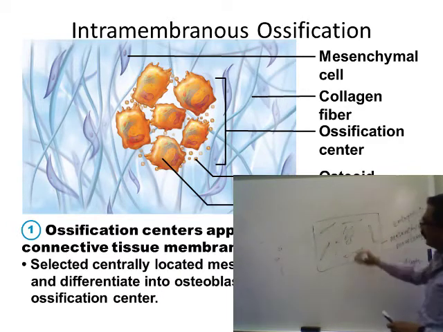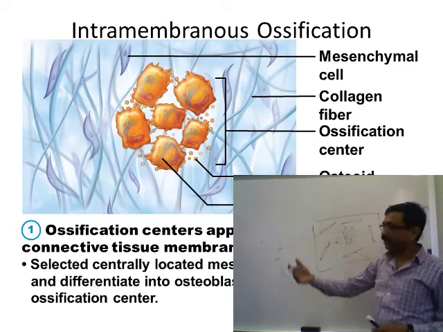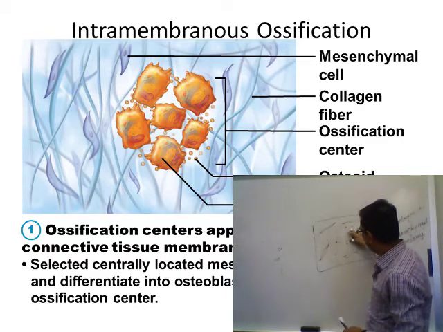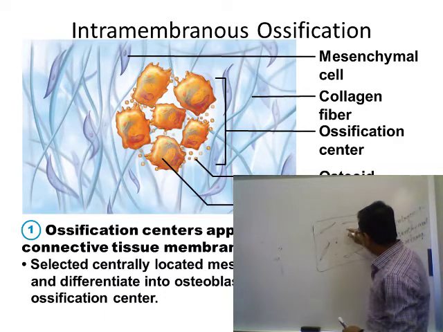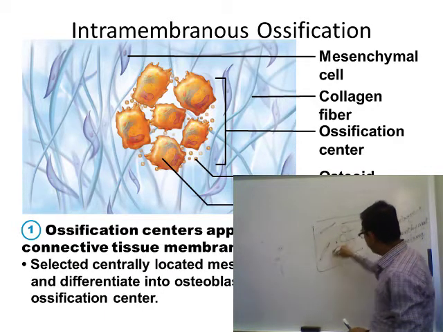Okay. A few fibroblasts, those located in the center of the membrane, will be converted to osteoblasts. So these fibroblasts will become what? Osteoblasts.